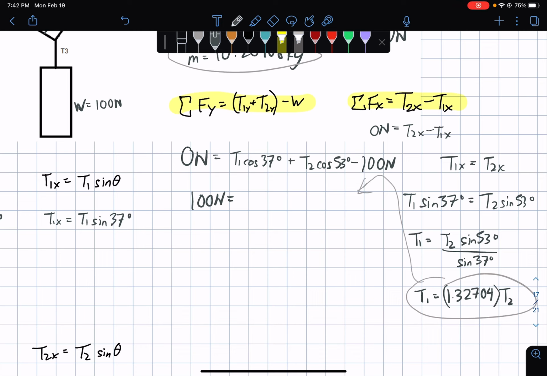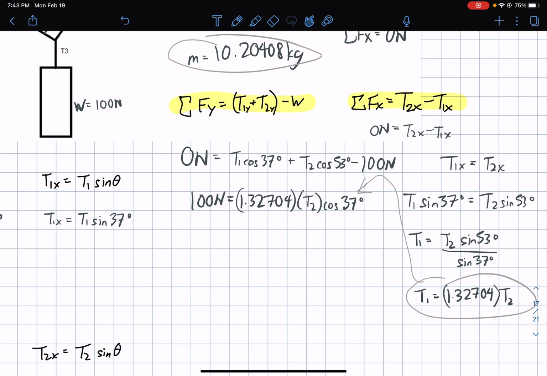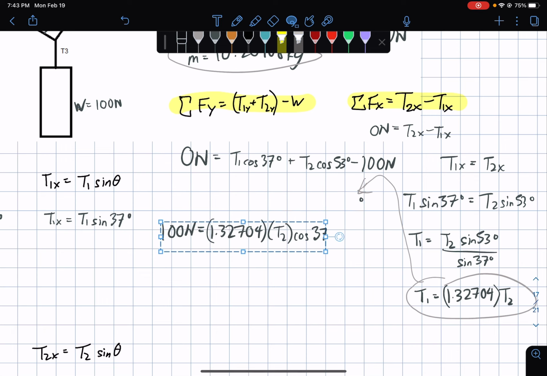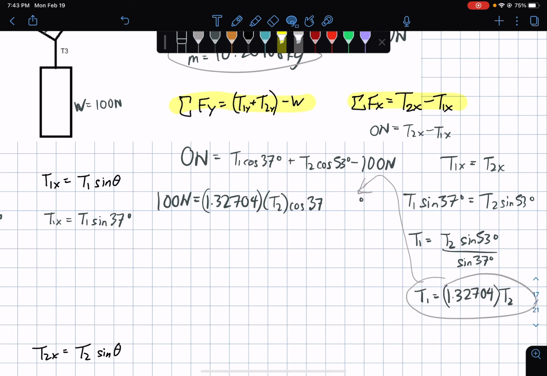So subbing, T1 is going to be instead 1.32704 T2 cos 37 degrees, and then T2 cos 53.